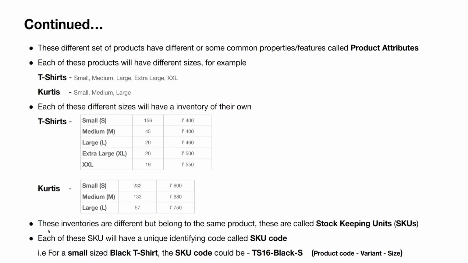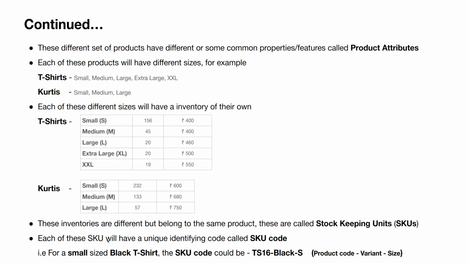Now these inventories are different but they belong to the same product, right? These small, medium and large, they don't become a separate product, they're still the same product but they have different sizes. These are called stock keeping units, SKUs.